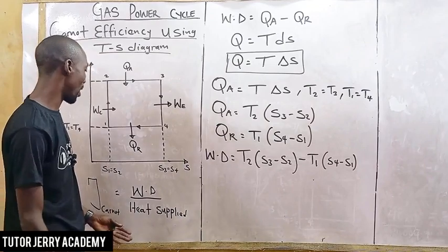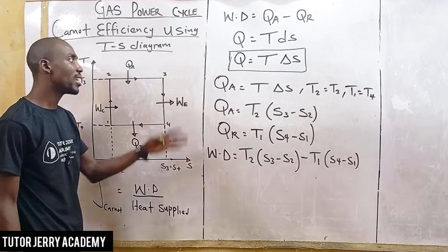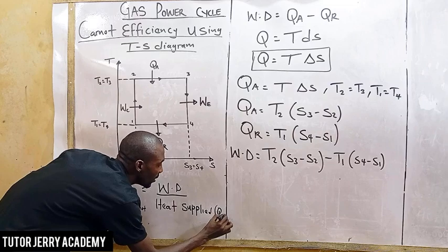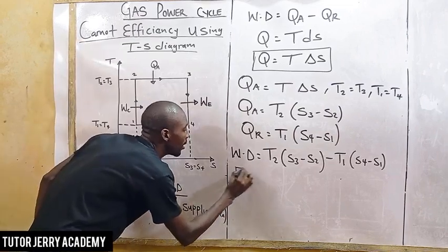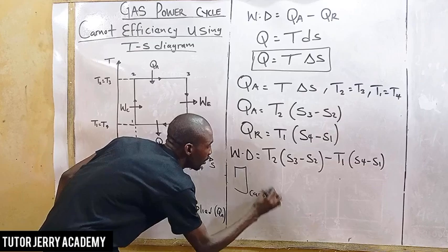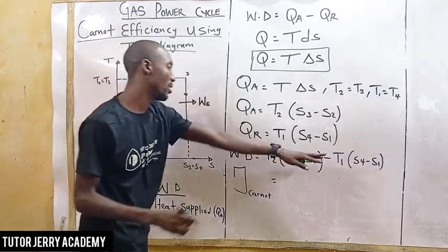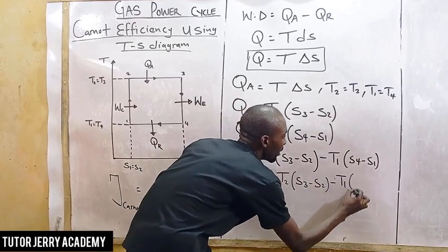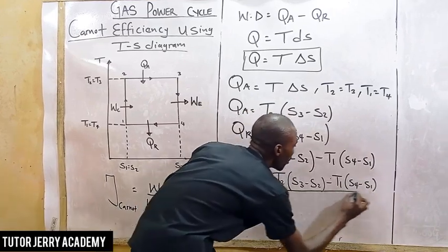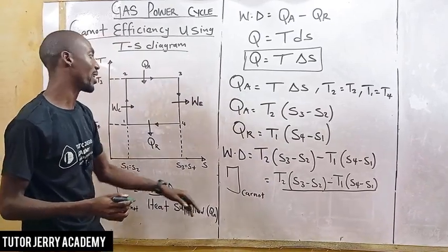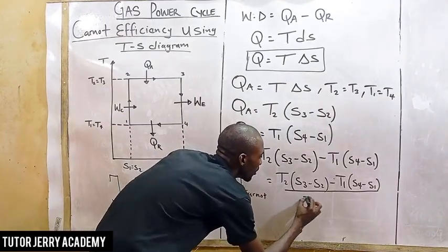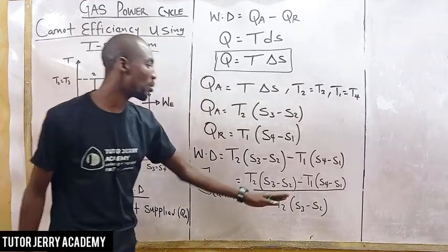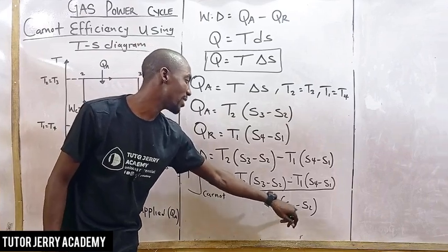Now we can write our Carnot efficiency equals work done, T2 into S3 minus S2 minus T1 into S4 minus S1, all over the heat supply QA, which is T2 into S3 minus S2.